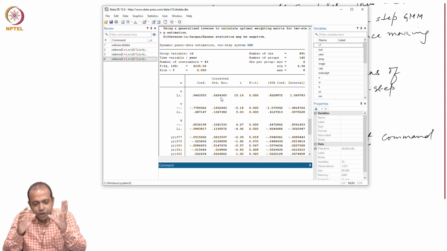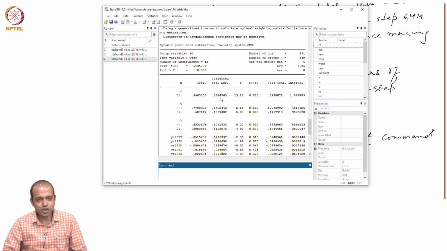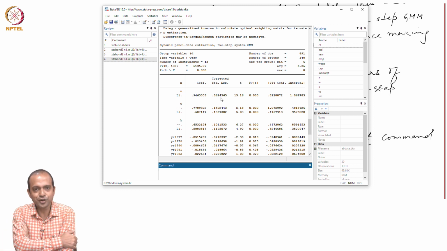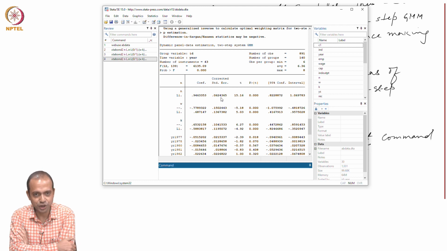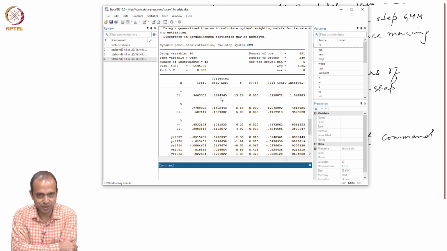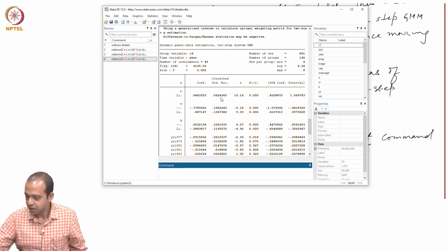Okay. So, within the system GMM estimation, we showed that if we apply two-step GMM, then standard errors are downward biased. To correct for that, we need to put the robust command, even though the coefficients are actually more or less the same compared to the one-step, right.